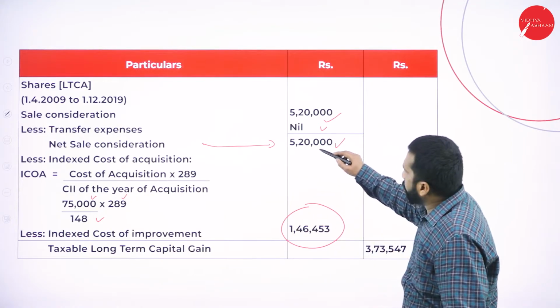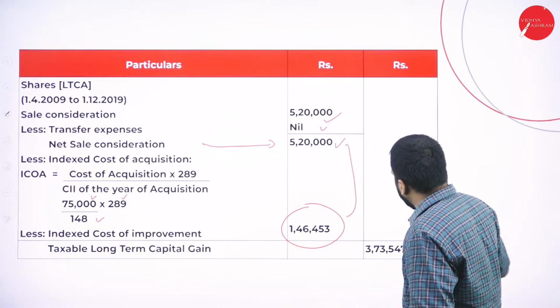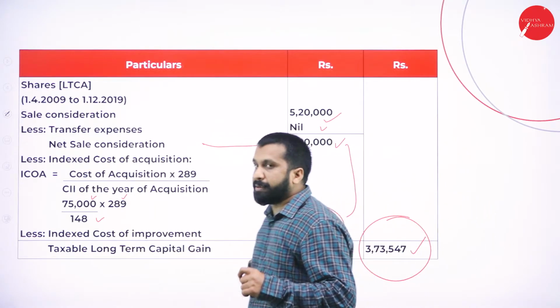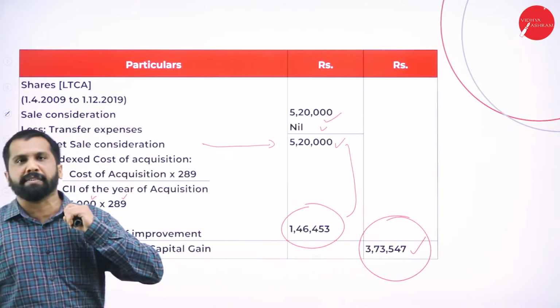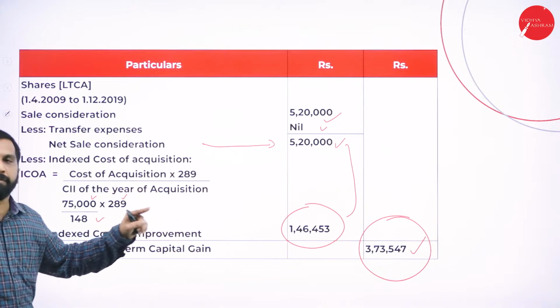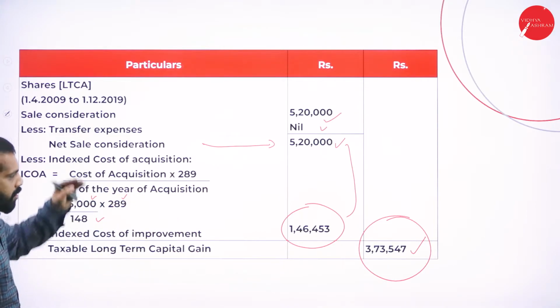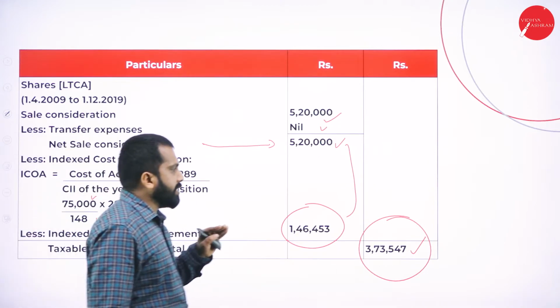Now, from 5,20,000, if you minus 1,46,000, your final answer will be 3,73,547. Again, I'll repeat, 3,73,547 is your answer.